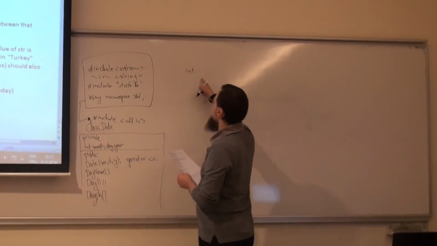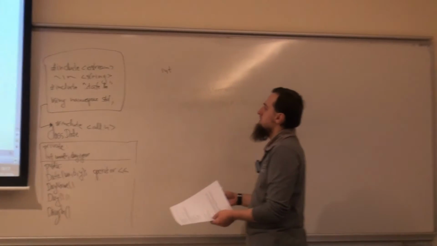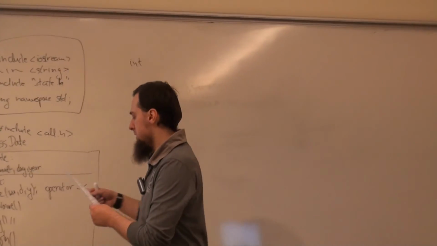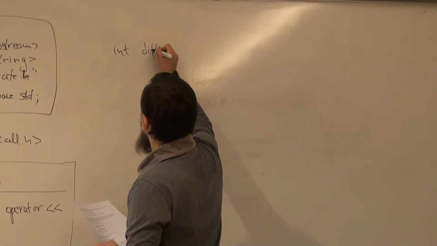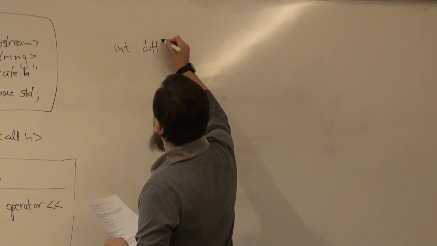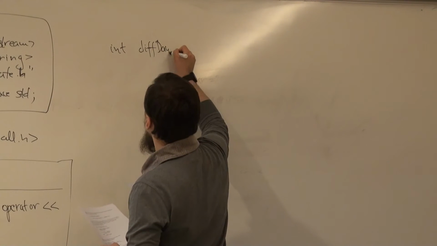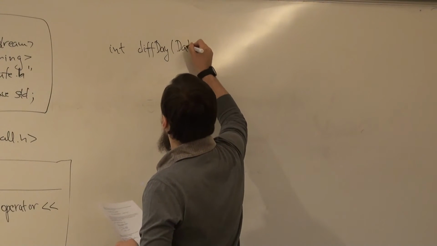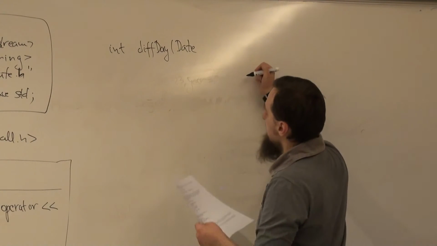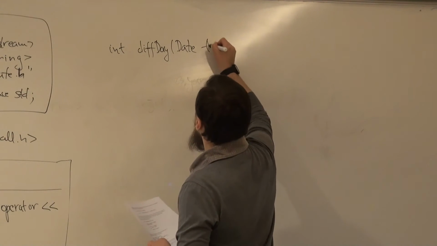That, of course, is going to return an integer, since the days left are an integer. Let me call the function difference of days, div day. And I am taking, of course, a variable of type date called this day.